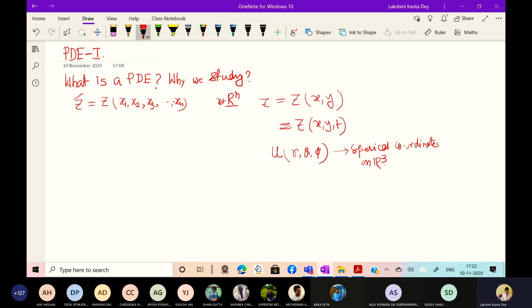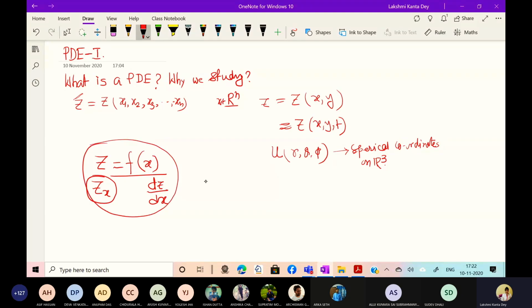Suppose Z is a function of only one independent variable x, so there is no concept of partial differentiation here. It will be dz dx. Clear? But if Z is a function of x and y, then there is a question of zx, that is del z del x, the first order partial derivative with respect to x.